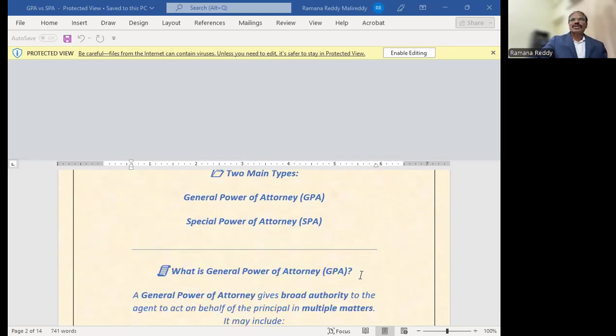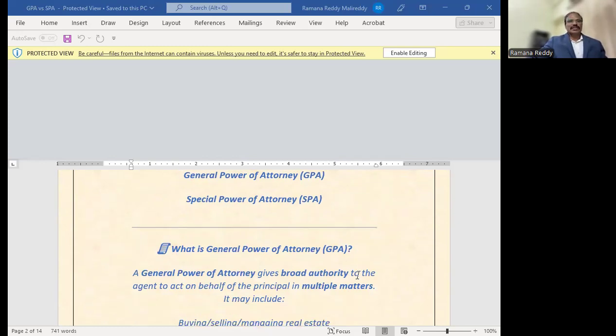Then what is general power of attorney? General power of attorney gives a broad authority to the agent to act on behalf of the principal in multiple matters.